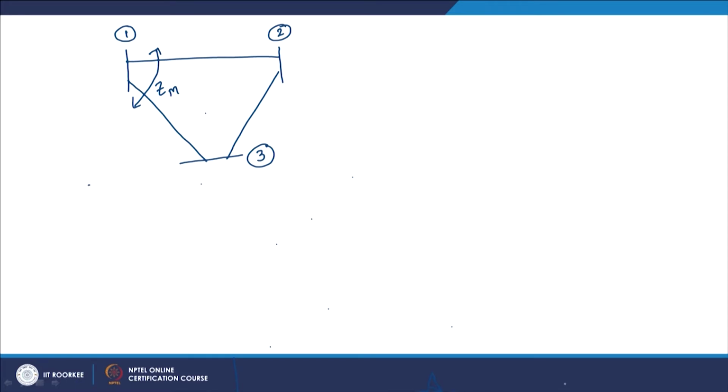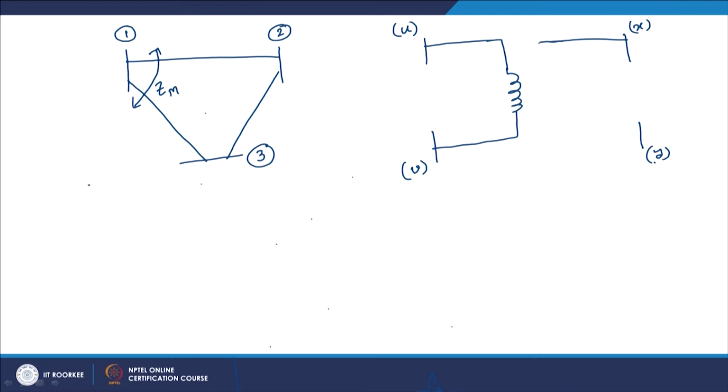Now, suppose I have bus U, bus V, bus X, bus Y. Between U and V there is an element connected, between X and Y also there is an element connected.